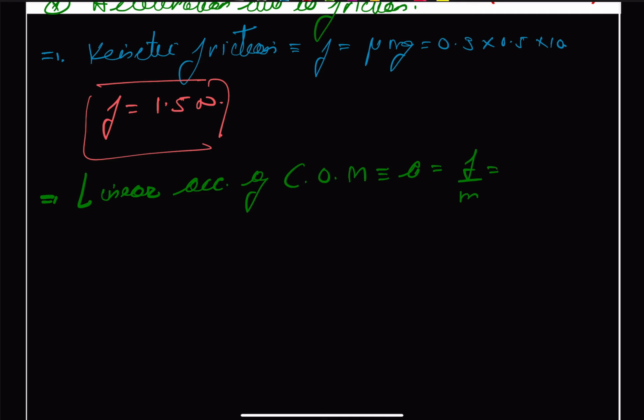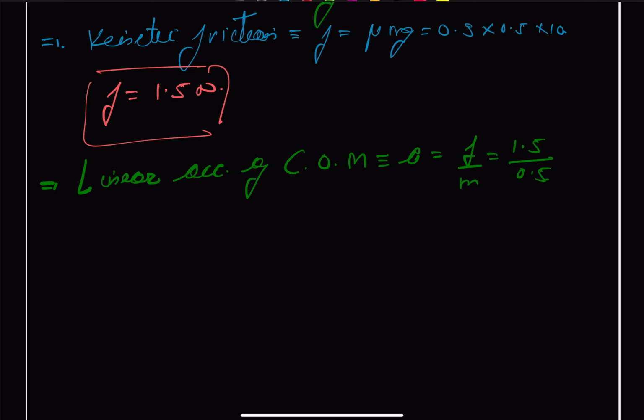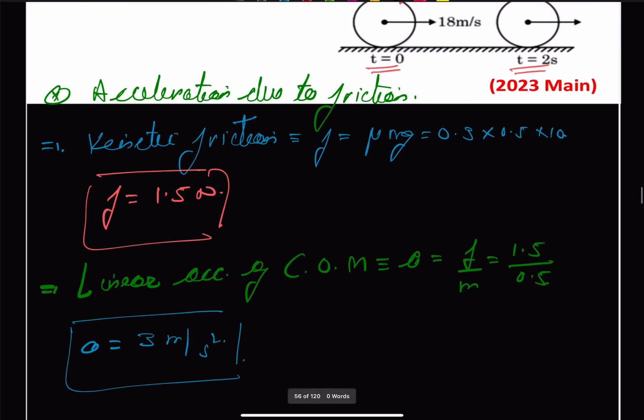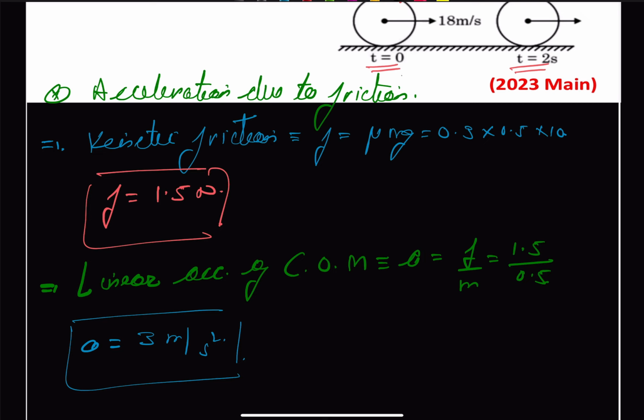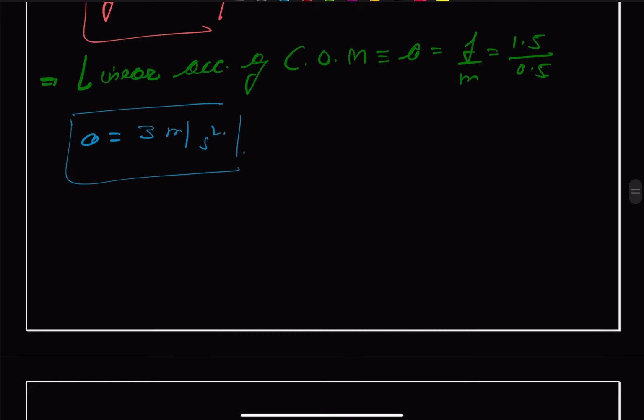F is our 1.5 and mass is our 0.5. So we get that our linear acceleration, that is our A, is equal to 3 meter per second square. So please keep in mind, this entire discussion is with respect to the frictional part. Okay, and there will be also the angular acceleration.